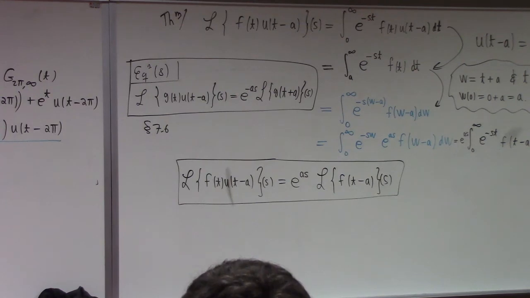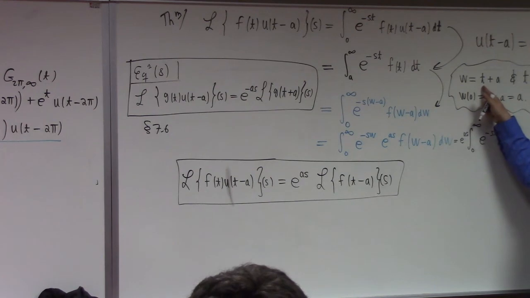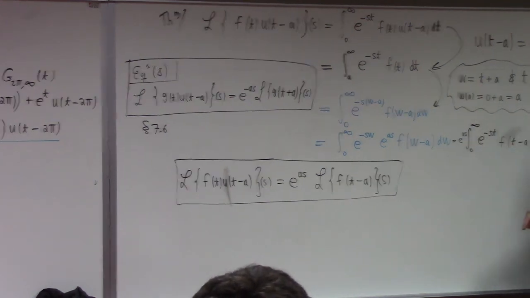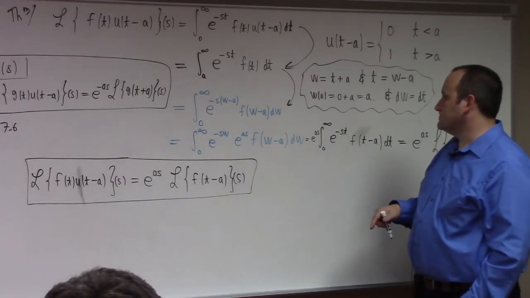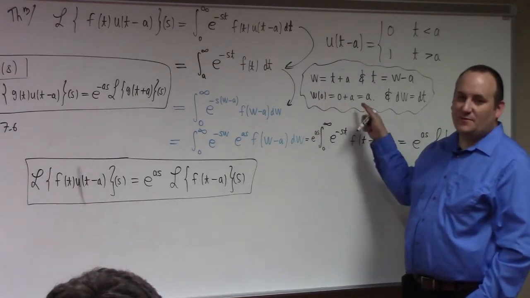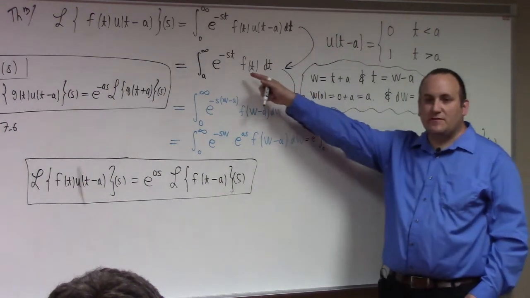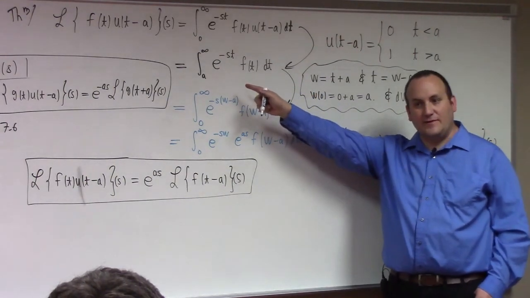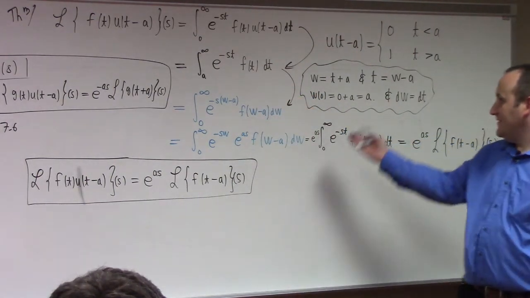Oh, I'm an idiot. Look at this. If t is equal to a, what's w equal to? Well, I put t equal to 0 and I got w equals a. That's great, but the original integral has t equals a as its starting point. This is dumb.